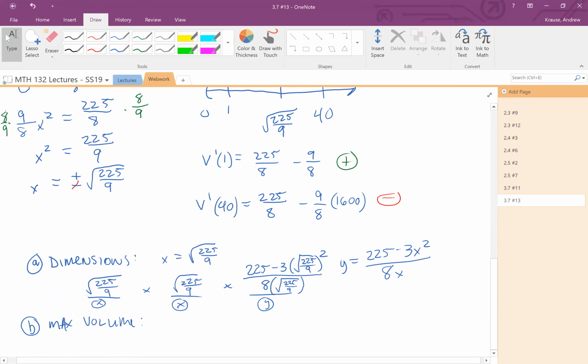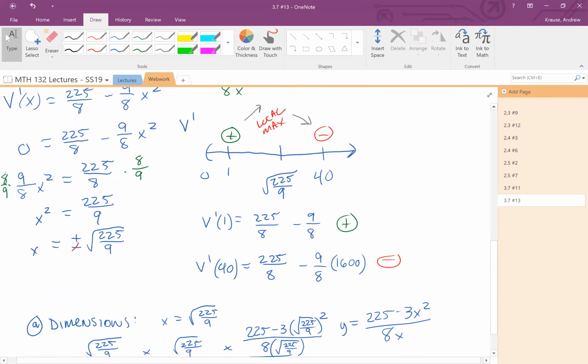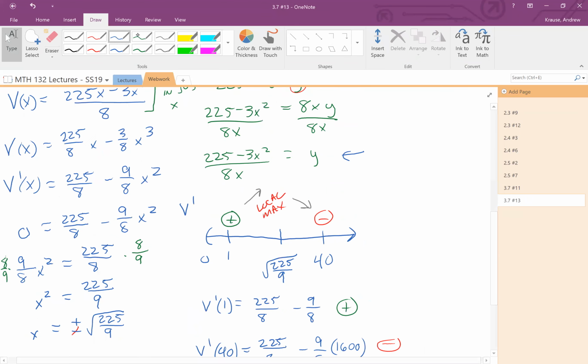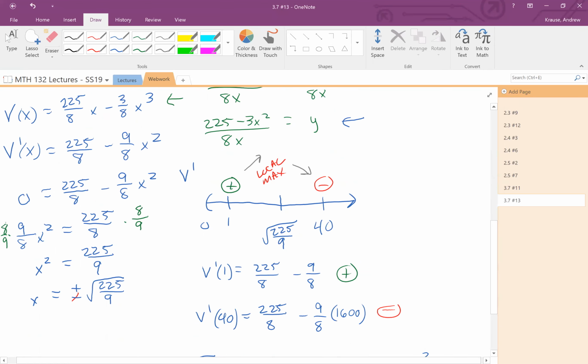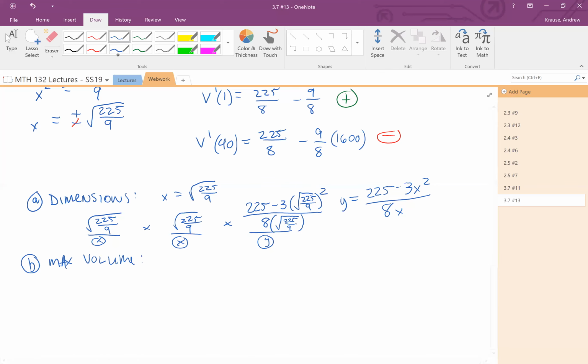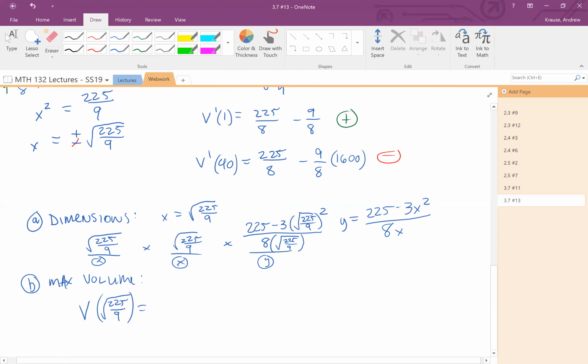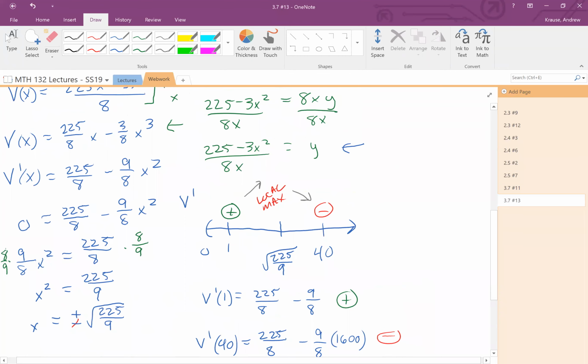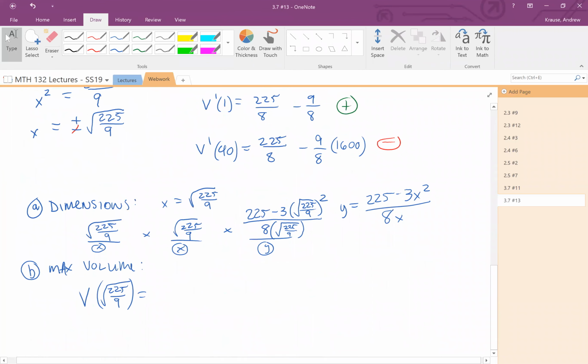Now, how do we find the actual maximum volume? Well, we can look back up to our volume function up here. We can even use our simplified one. And let's go ahead and plug our x value into that volume function. So our volume function, we're going to find the volume at the square root of 225 over 9. And our volume function is 225 over 8 times x.